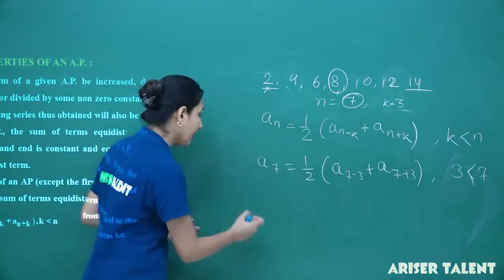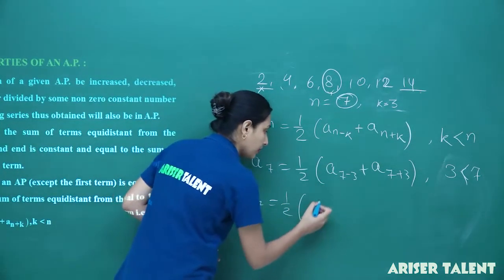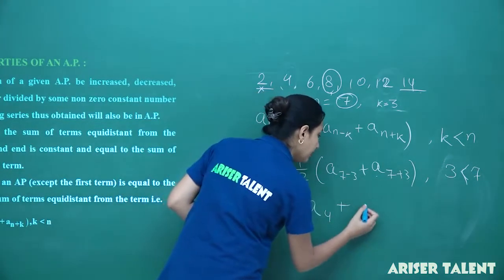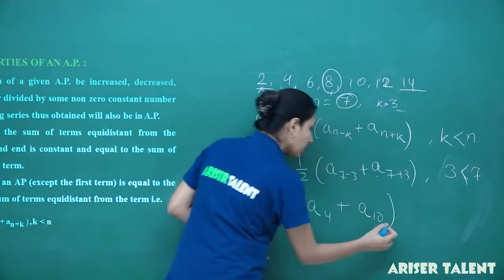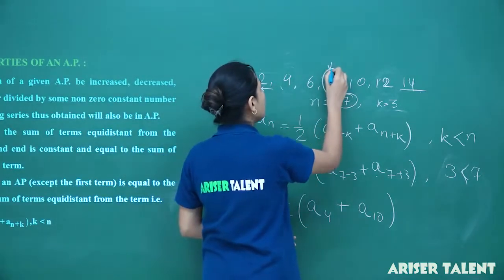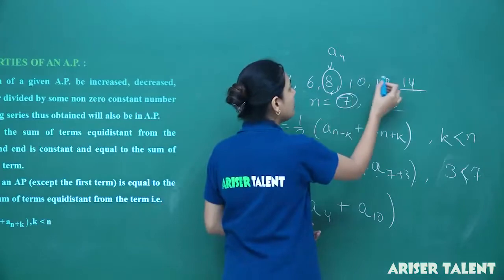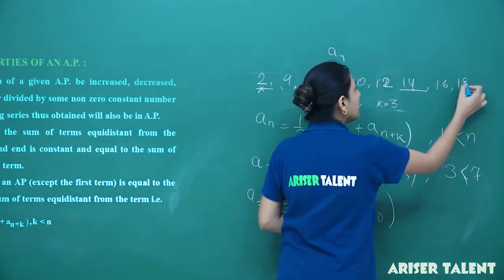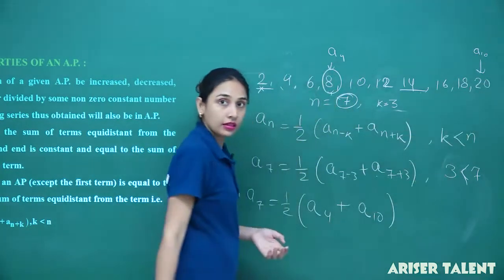Now what will I get? 1 by 2 of a4 plus a10, counting 7, 8, 9, 10. Now a4 is 1, 2, 3, 4, this is a4. Now a10 will be 5, 6, 7, 8, 9, 10. So this will be a10.